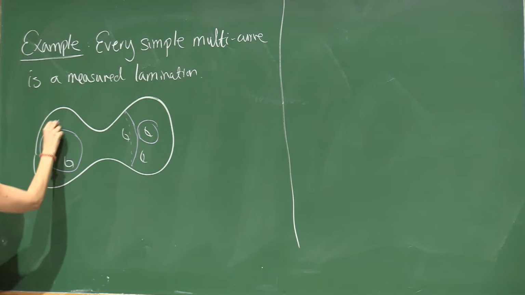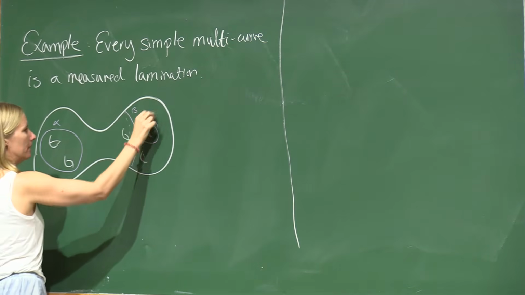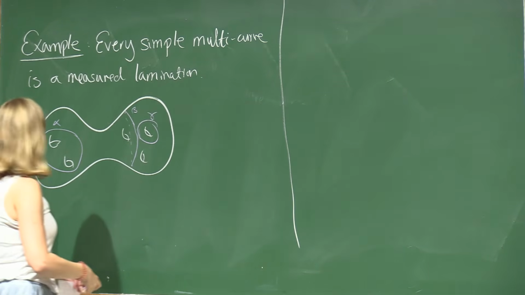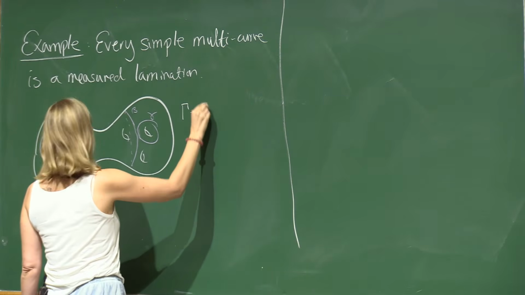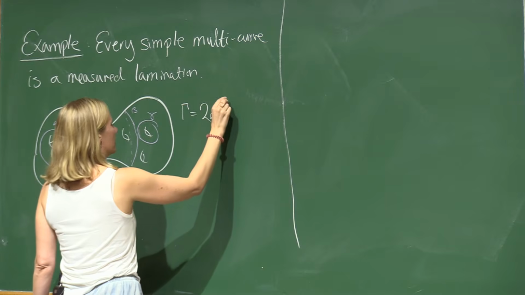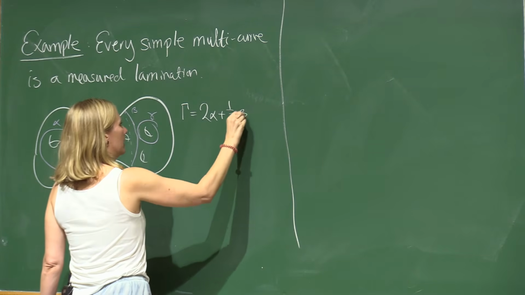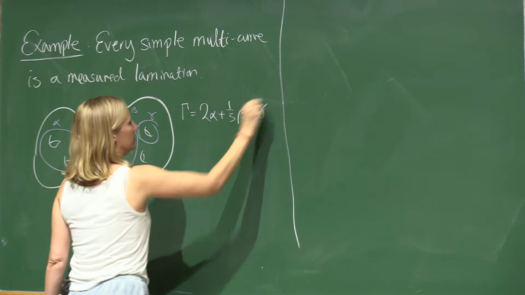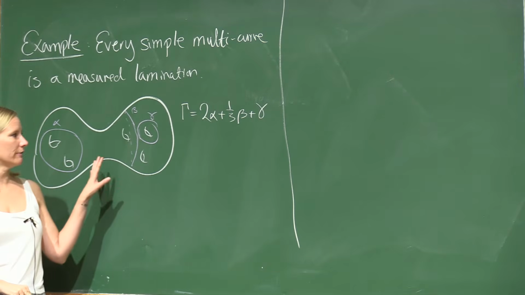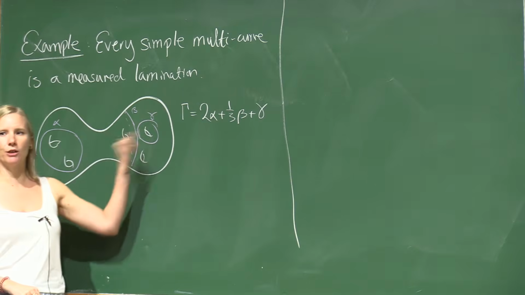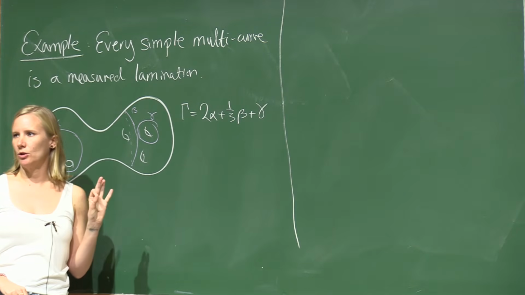Maybe this, for example, is alpha, beta, gamma, and then it could have weights. So maybe our simple multicurve is capital gamma, 2 alpha plus 1/3 beta plus gamma. This is a measure lamination. The support, the lamination, is just the union of these three simple closed curves.